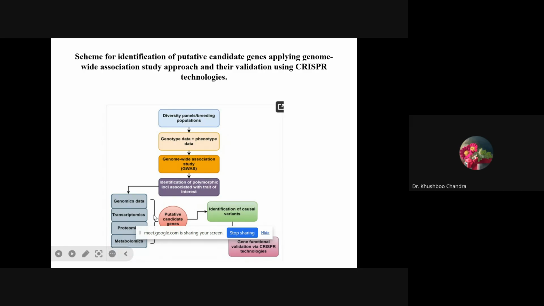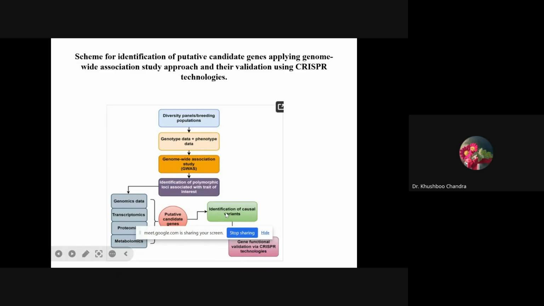Earlier, during the selection, we were identifying the lines phenotypically, but here at the gene level, even at the DNA level, RNA level, protein level, we have the opportunity to identify each and every sequence level allele that can be utilized in terms of the putative candidate gene.